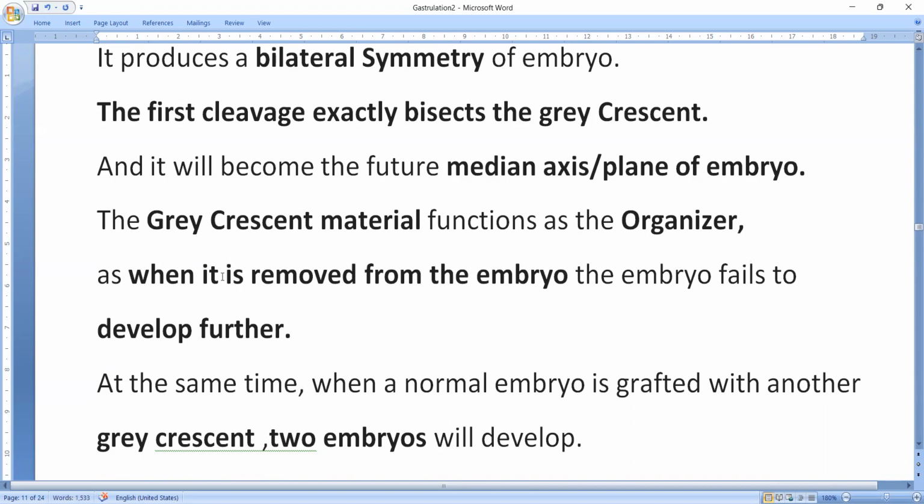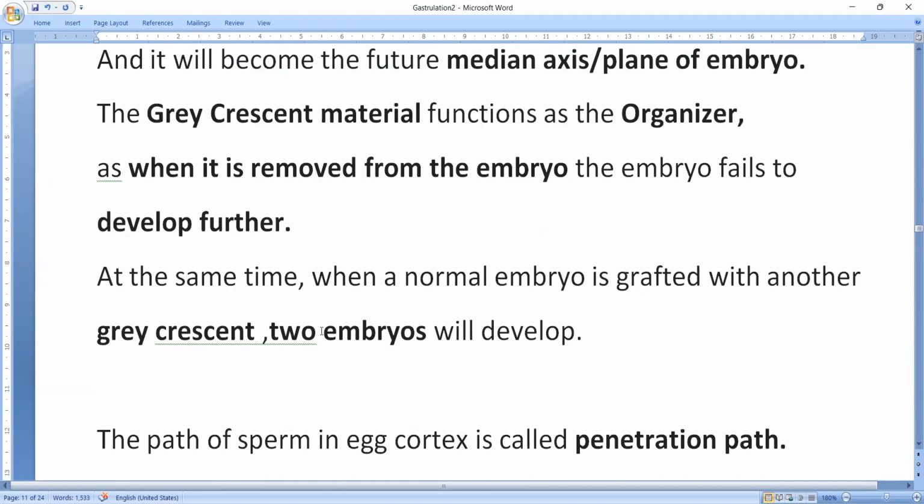When the gray crescent is removed, the embryo fails to develop further. And at the same time, if a normal embryo with a gray crescent is grafted with another gray crescent, that embryo produces two embryos. That is the importance of the organizer.